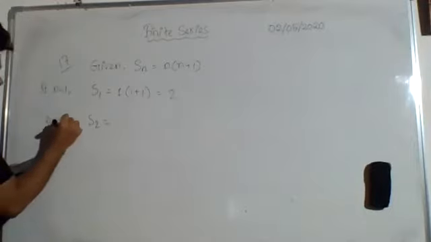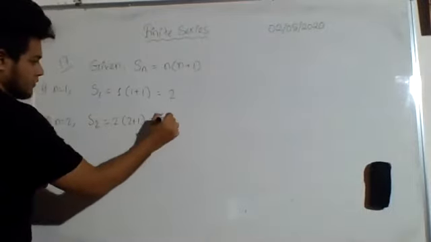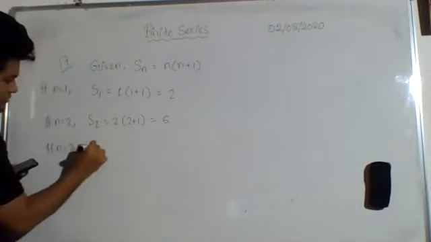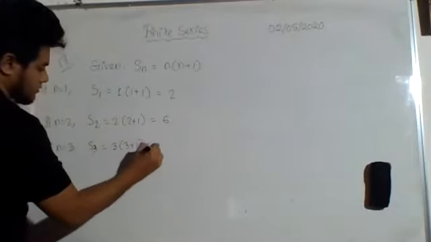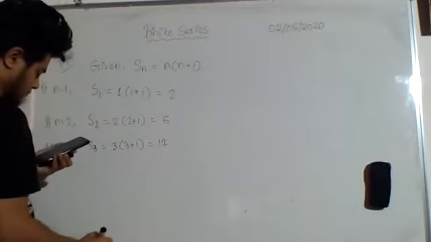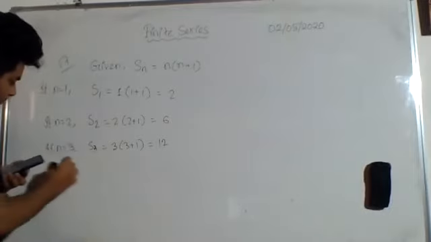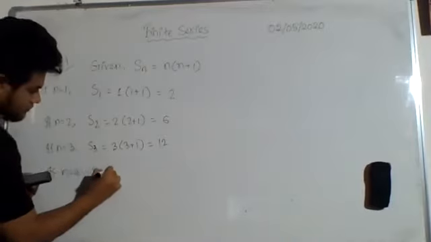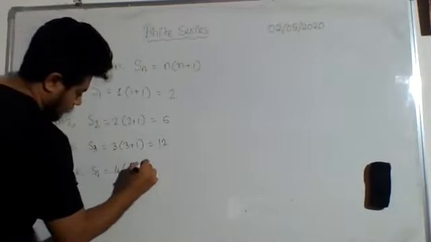If n is equal to 2, then S2 is 2 into 2 plus 1, which is 6. If n is equal to 3, then S3 is 3 into 3 plus 1, which is 12. Then if n is equal to 4, S4 is 4 into 4 plus 1, that is 20.